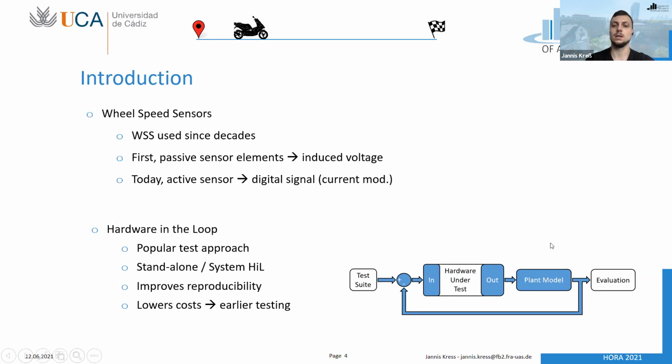In the lower right, you can see an illustration that shows one component, in this case the hardware under test, that is tested in the real world, while the input and the output are simulated. The plant model, in this case the dynamics of the vehicle, the scooter, is simulated through MATLAB Simulink, and the input is synthetic as well. So you have a test suite and an evaluation, and you can test.